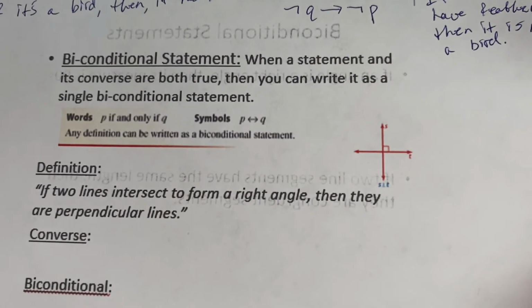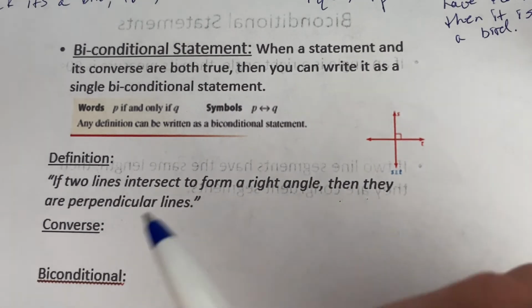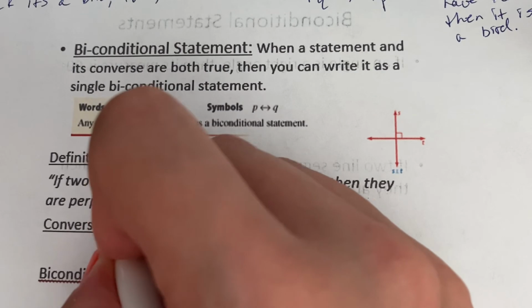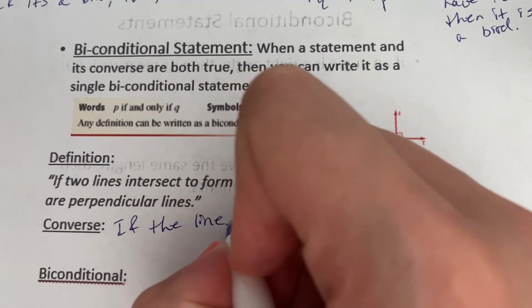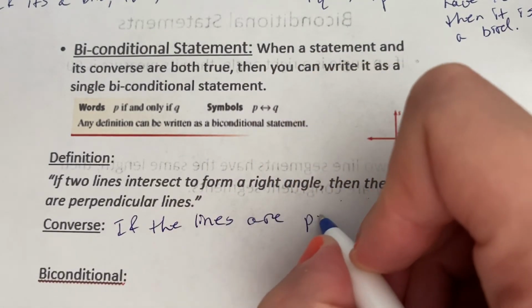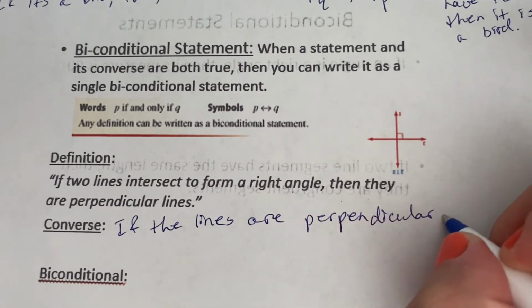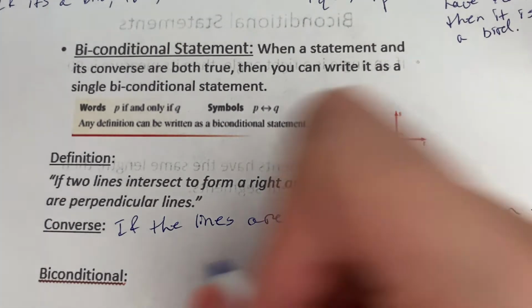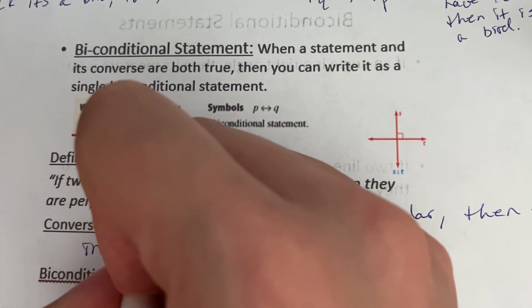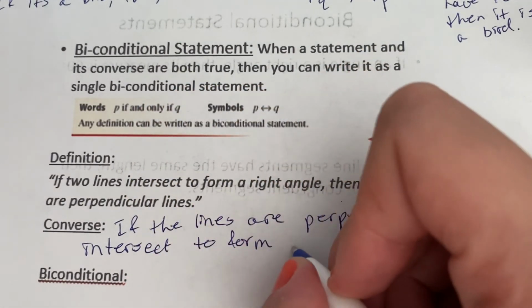Okay, so here's an example of a biconditional statement. If two lines intersect to form a right angle, then they are perpendicular lines. Okay, so the converse would say, if the lines are perpendicular, then they intersect to form a right angle.